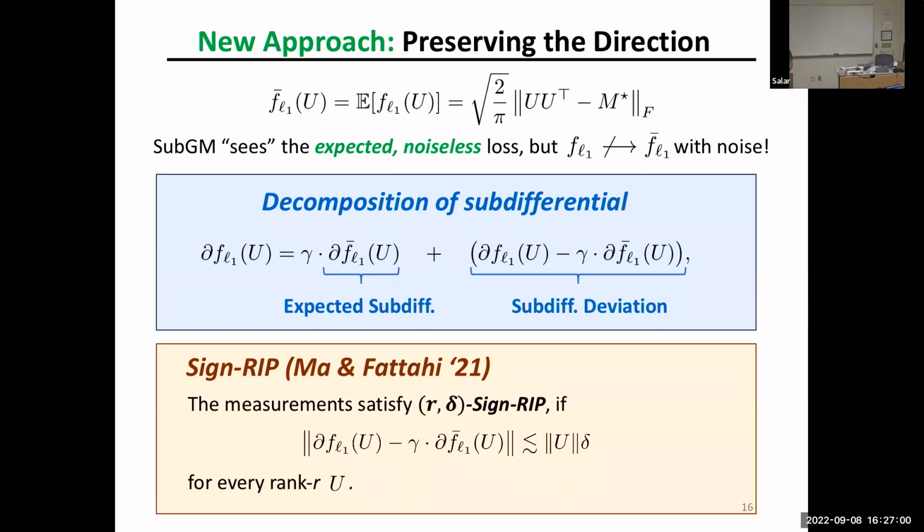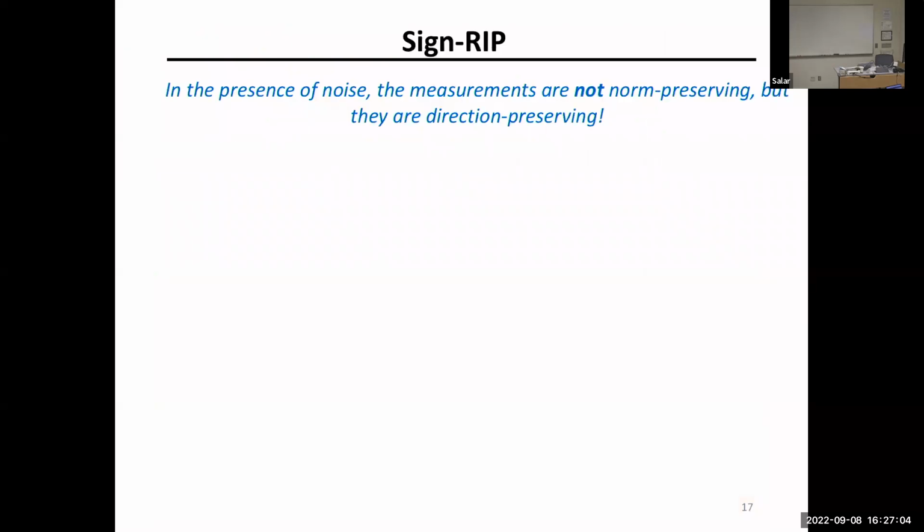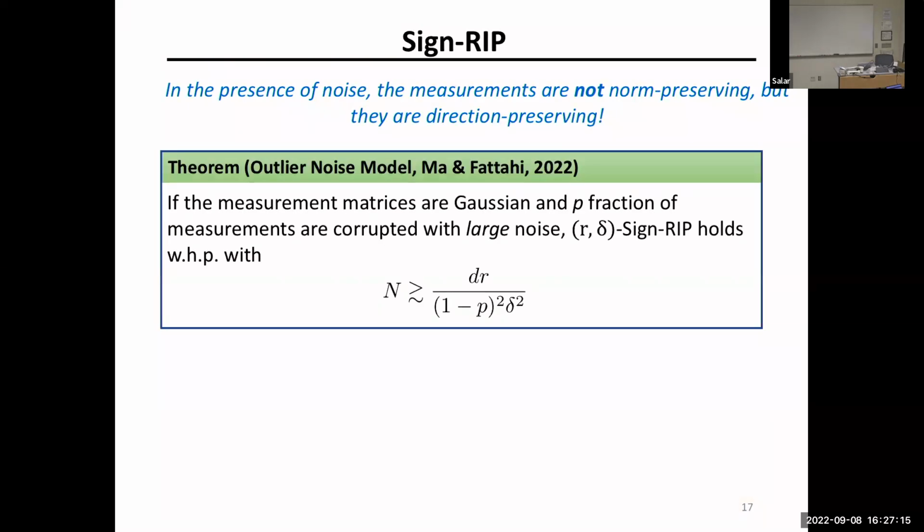Now, a fundamental result here is that when we have noise in our measurements, the measurements are not norm preserving, but they will be direction preserving. I'm going to make it formal. First, we assume the outlier noise model. We assume that a p fraction of the measurements are completely wrong, with very large noise, and measurement matrices are Gaussian.